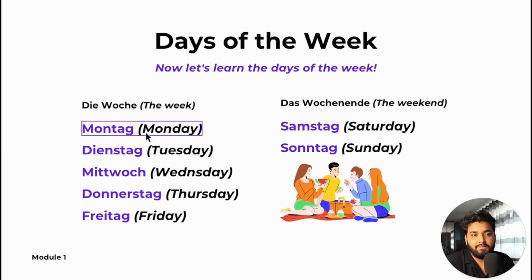Monday is Montag, Tuesday is Dienstag, Wednesday is Mittwoch, Thursday is Donnerstag, and Friday is Freitag. Yeah, Montag, Dienstag, Mittwoch, Donnerstag, and Freitag. These are the days of the week. And for the weekend, Saturday you will say Samstag, Sunday you will say Sonntag. Yeah, Samstag, Sonntag.